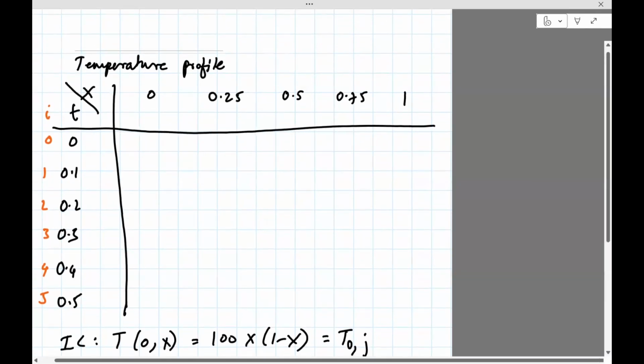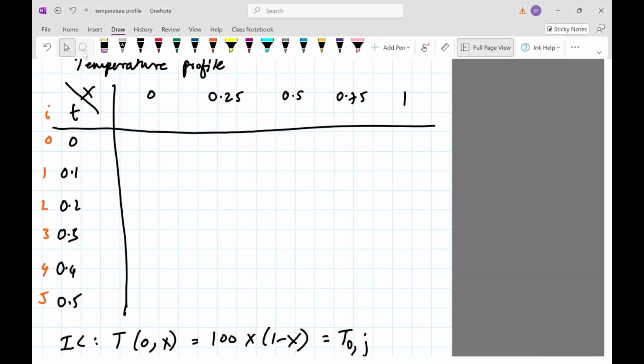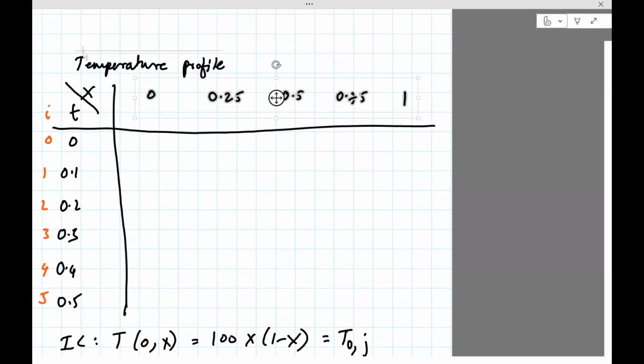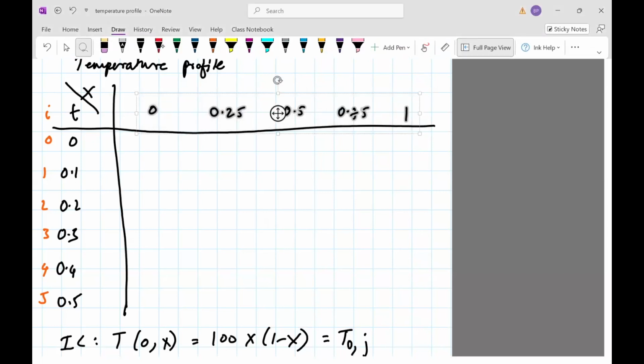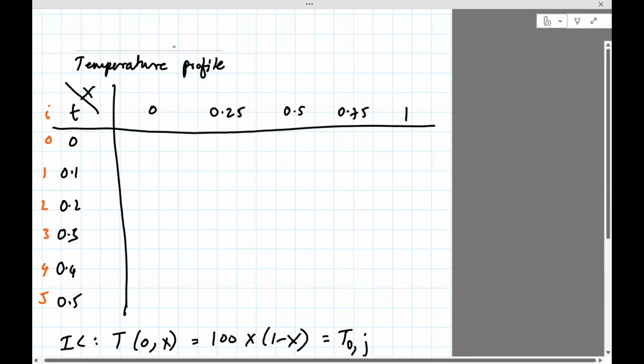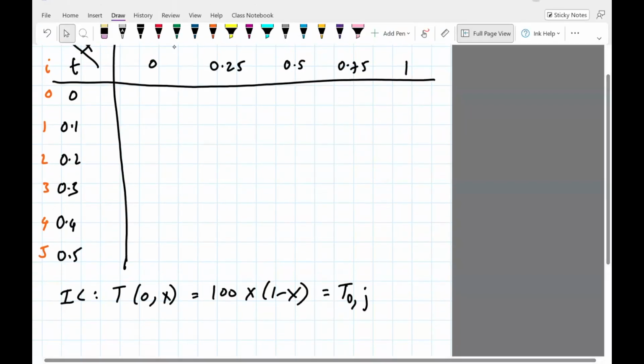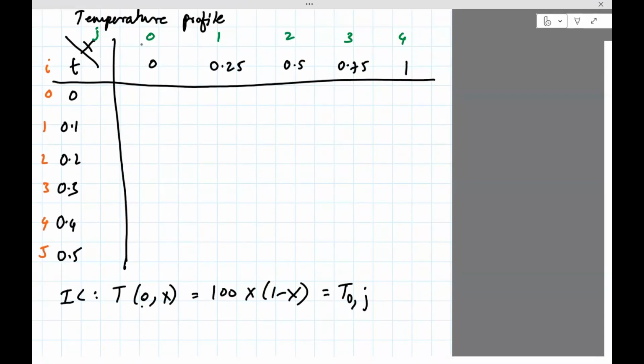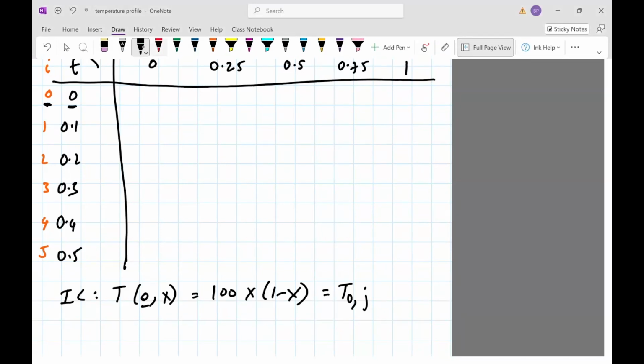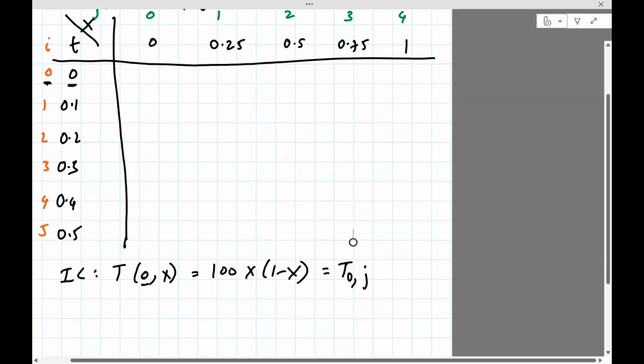And then if you write the j values, which I'll do on top, it'll be 0, 1, 2, 3, 4. Okay, so the 0 is for time, it's 0, so i is 0. So this basically gives us some things to work on.